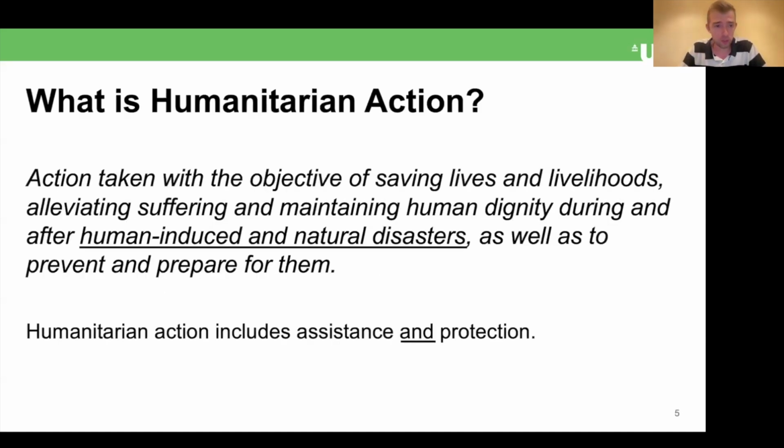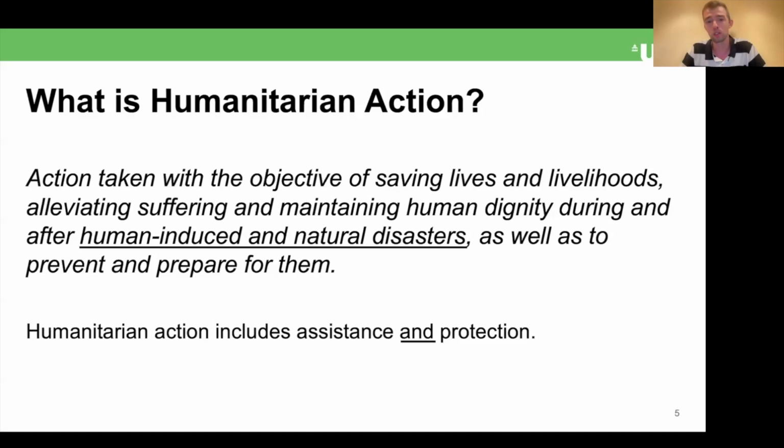So very briefly then, what is humanitarian action? Humanitarian action is action taken with the objective to save lives and livelihoods, and very importantly, alleviate suffering and maintain human dignity during and after human-induced and natural disasters. A very important last part of this definition is to prevent and prepare for these inevitable disasters.